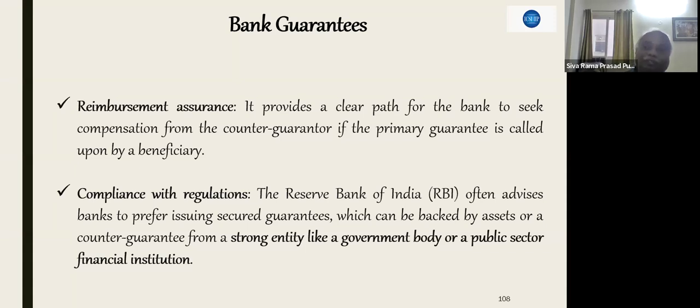So here, being an IRP or RP or a liquidator, you should know the guarantee, the counter guarantee, the beneficiary, what is a security margin, what is a collateral security, and whether it is invoked or not invoked during the CIRP.